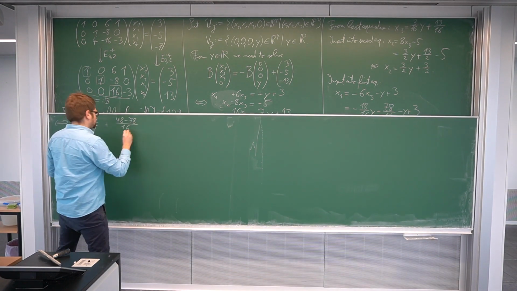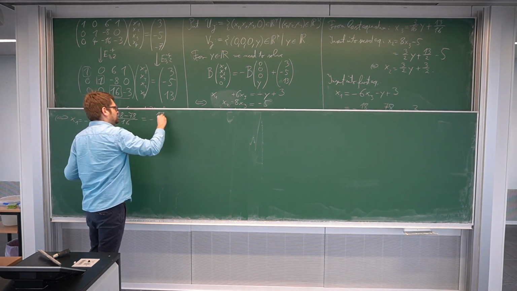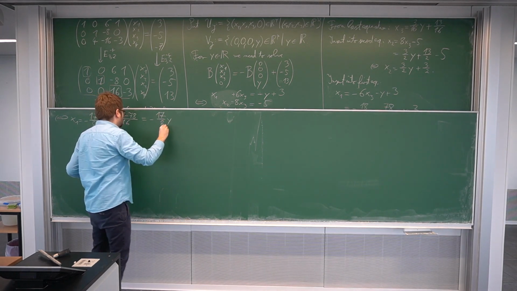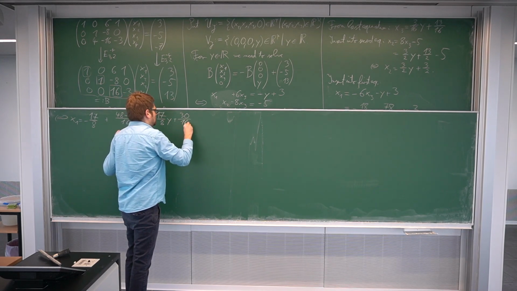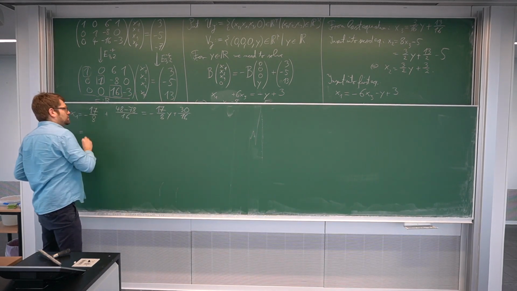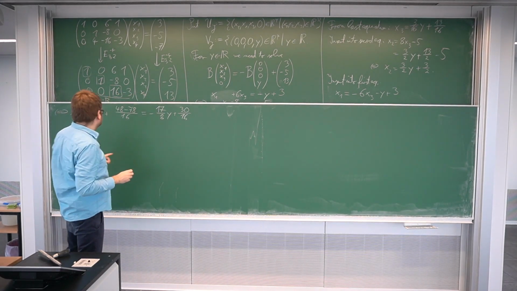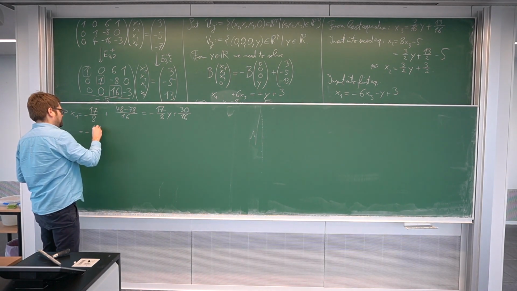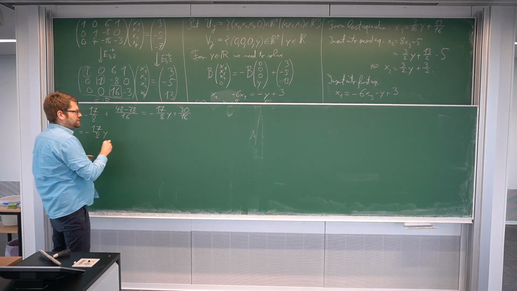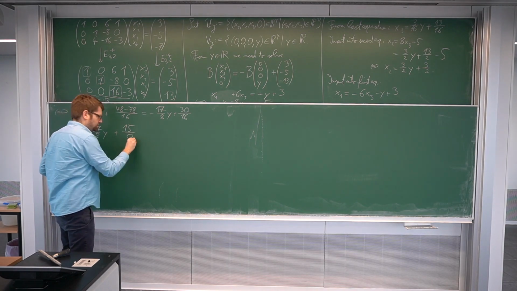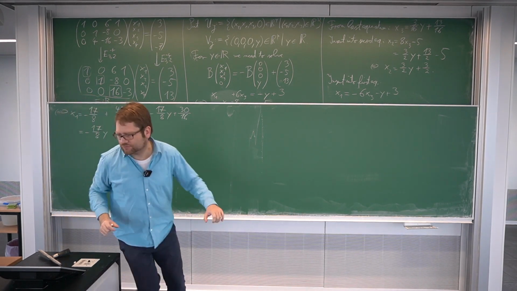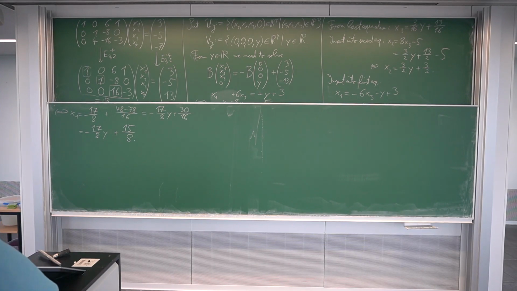So this is minus 17 over 8 times y plus 30 over 16, which is minus 17 over 8 y plus 15 over 8. Ooh, okay, I hope this was the correct solution.